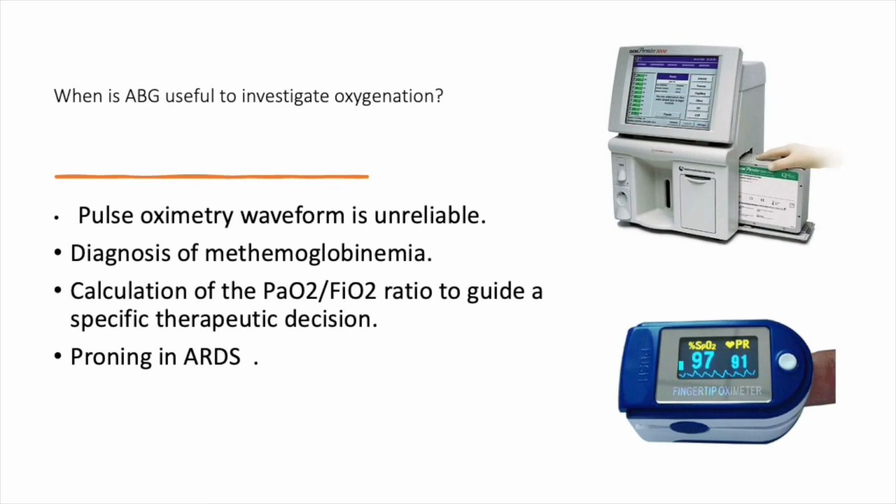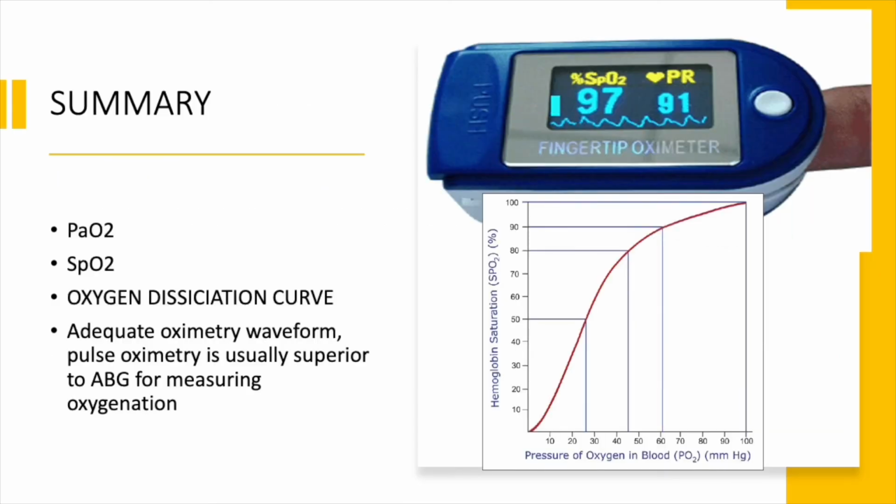PaO2 is important in the calculation of the PaO2/FiO2 ratio in specific therapeutic conditions and decisions when a patient is intubated, as in ARDS, where the decision for proning is taken on this ratio. So ABG analysis and interpretation of PaO2 becomes relevant.